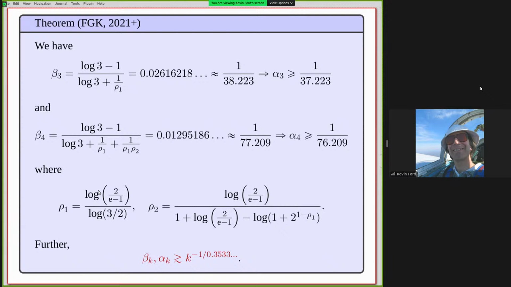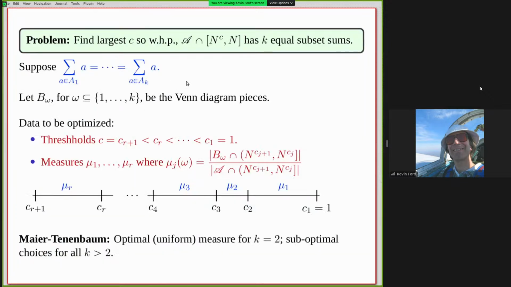Right, now to speak about how we arrived at these, we have a procedure now to evaluate beta k for any k. We set it up using some linear algebra and somehow isolating large elements, which I'll talk about in just a moment.